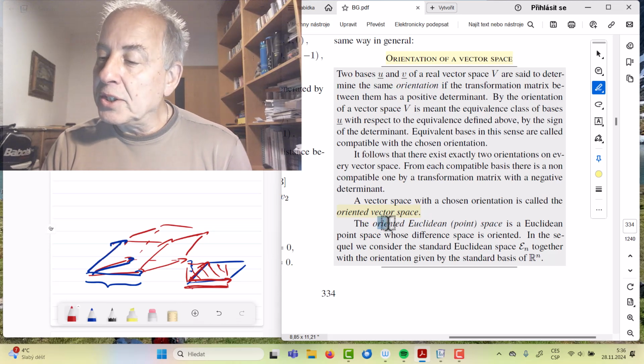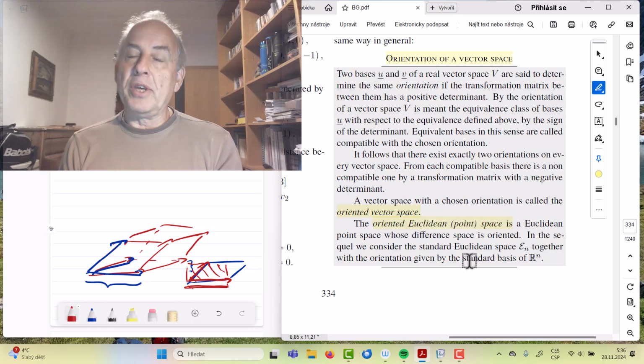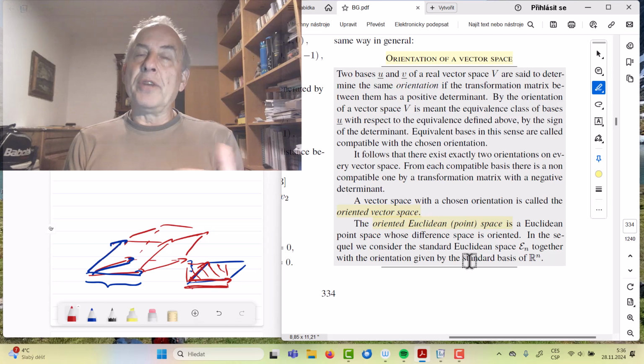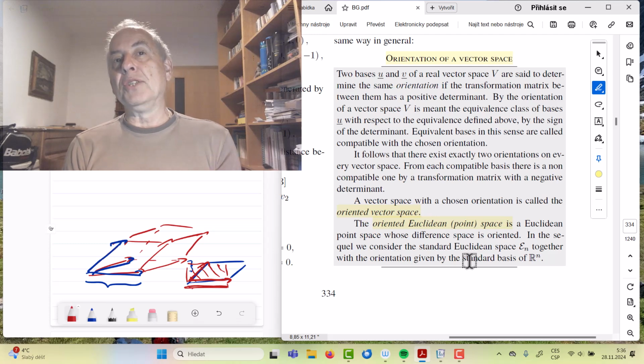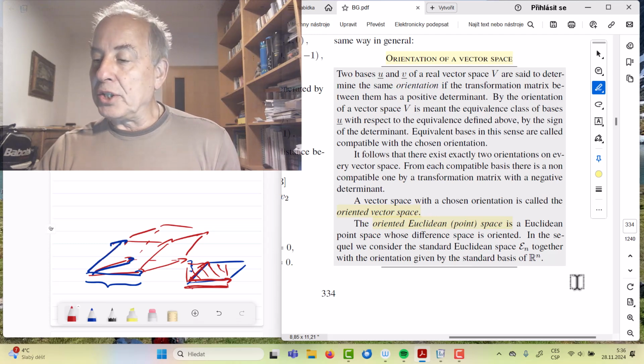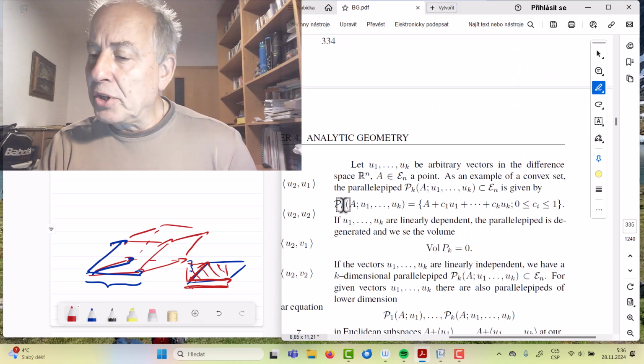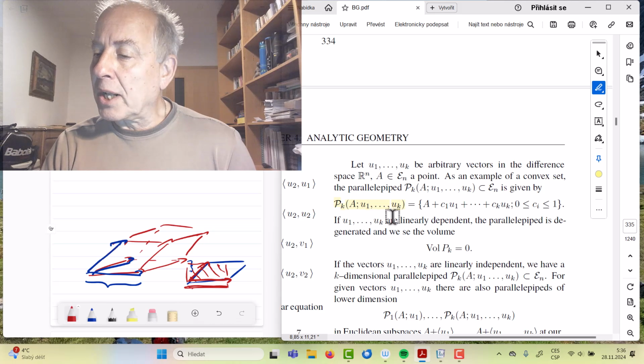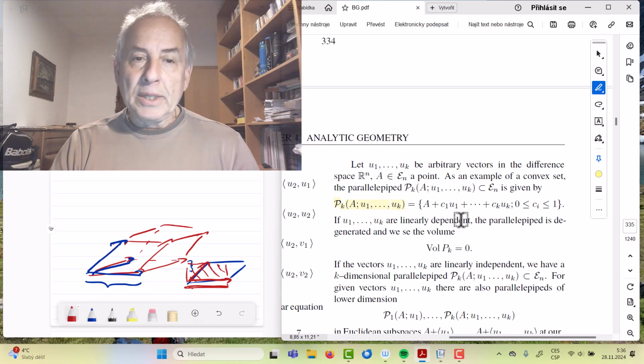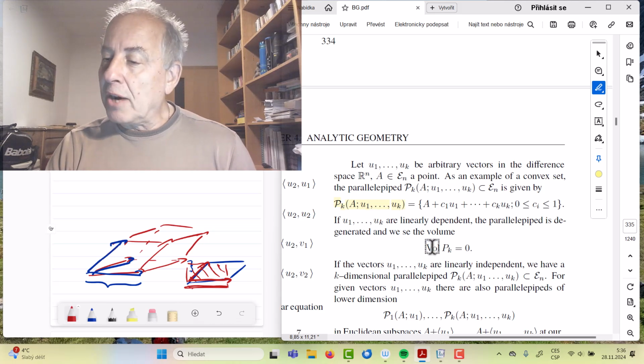For a Euclidean space, it means that we have the Euclidean vector space as its difference space with a fixed orientation. Right, so that's it. Now there is the definition, so we recall the parallelepiped, we talked about that in last week's stuff.